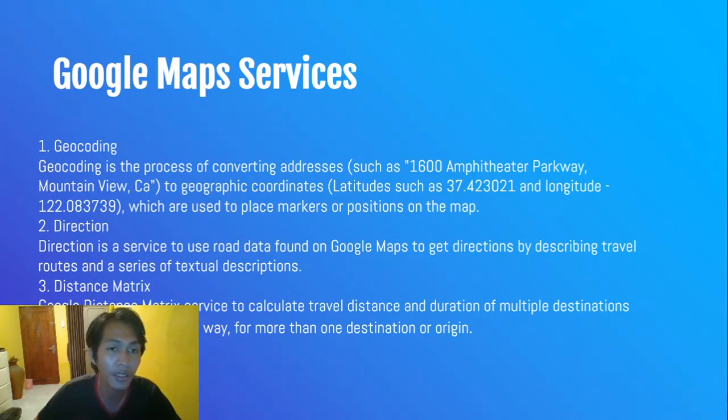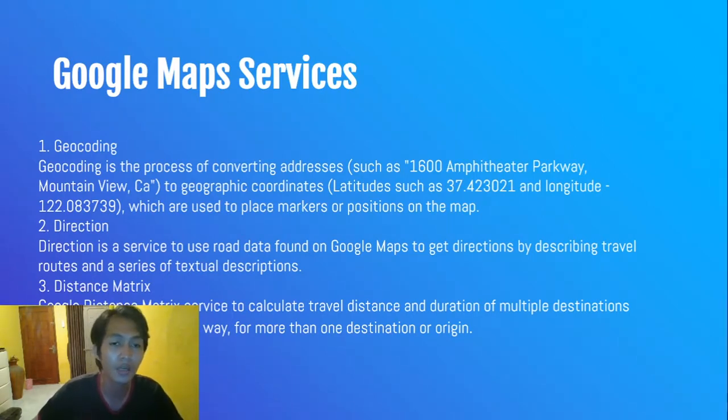Geocoding is the process of converting an address, such as 1600 Amphitheatre Parkway, Mountain View, to geographic coordinates, latitude such as 37 point something and longitude such as negative 122 point something, which are used to place a marker or position on the map.